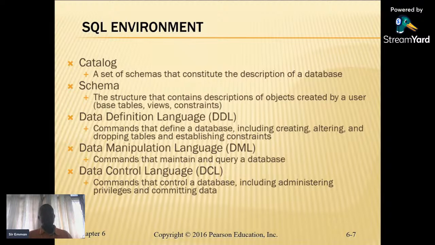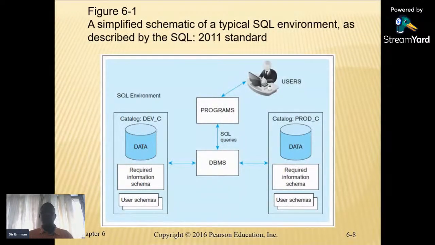We have the data control language, the DCL. These are commands that control a database, including administering privileges and committing data. So you have quite a simple description of how a database works.